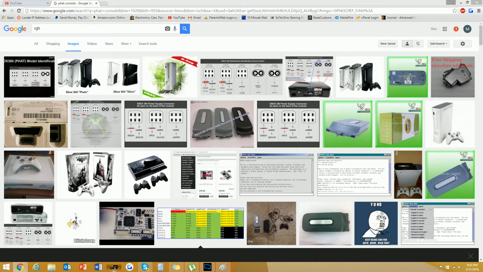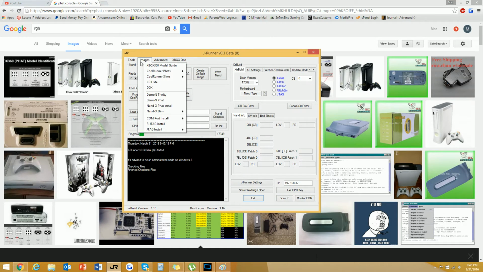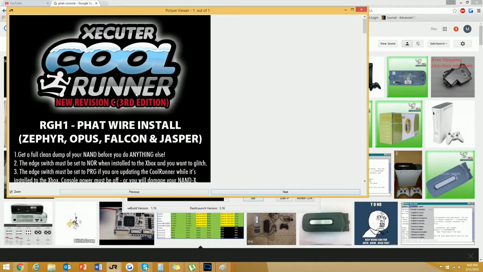Actually, you wanna know what? I can show you guys a lot better right here. Cool effects. Okay, we're going to use this. So simply Team Xecuter, a great company, I can't really complain about them besides their prices and their forums, but they have simply revolutionized the modding, the modified systems, and they made it to where it works.